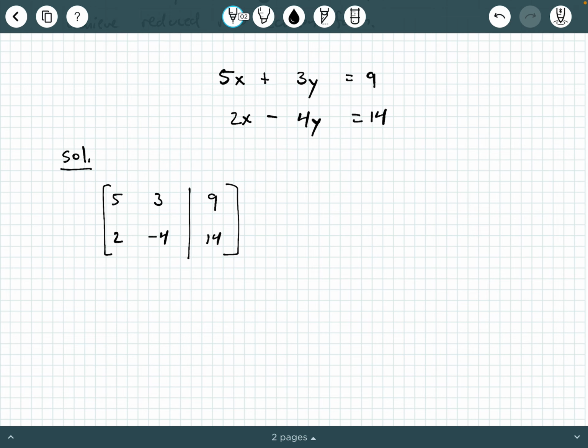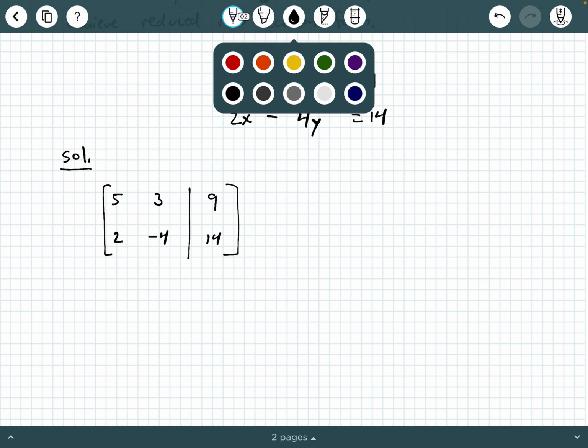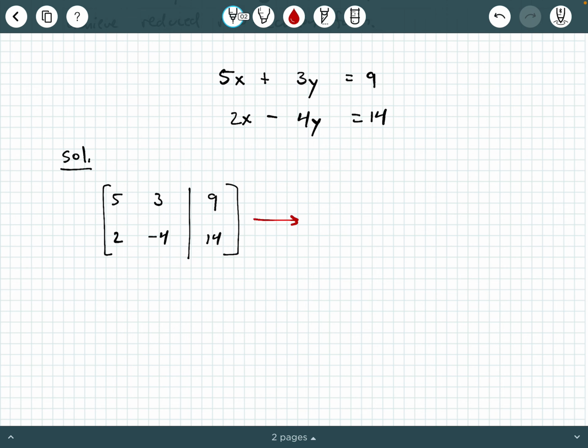So the first thing I would do is I would notice that the second equation here, which is represented by the second row here, each entry is a multiple of 2. So what we can do is we can perform this row operation and we can say 1/2 row 2 to change row 2.